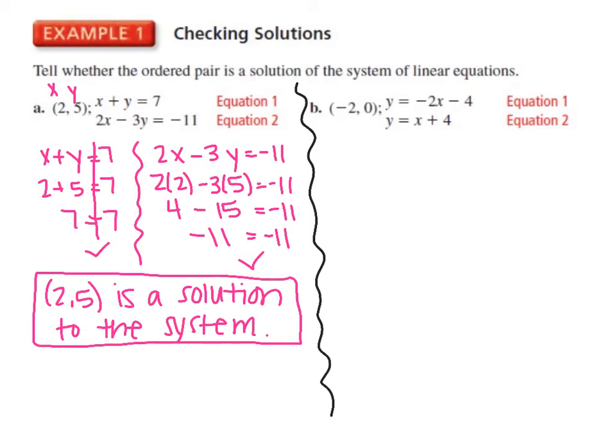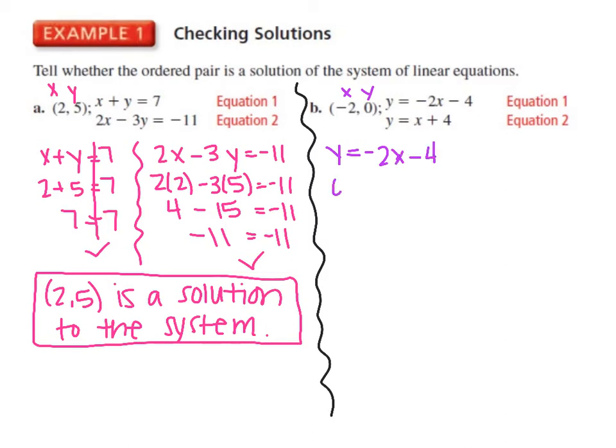If we take a look at letter B, is the point (negative 2, 0) a solution to the second system we're going to look at here? So if x is negative 2 and y is 0, I have to show that it works in both equations. So I'm going to start with the first equation. y equals negative 2x minus 4.